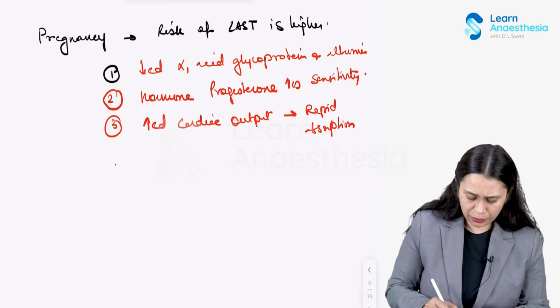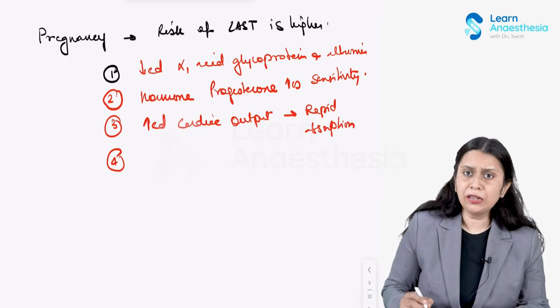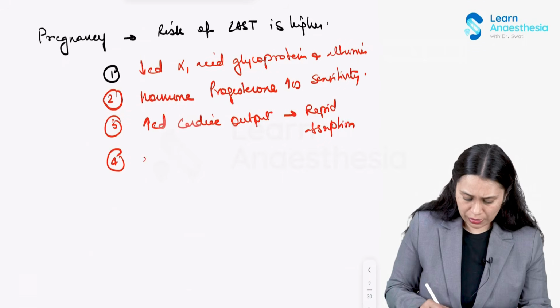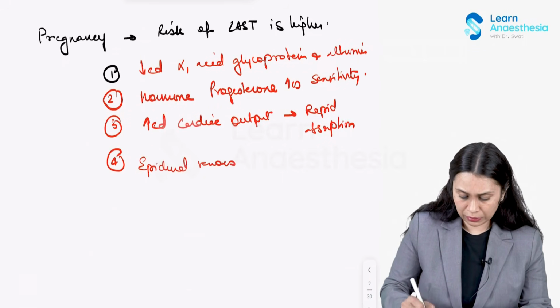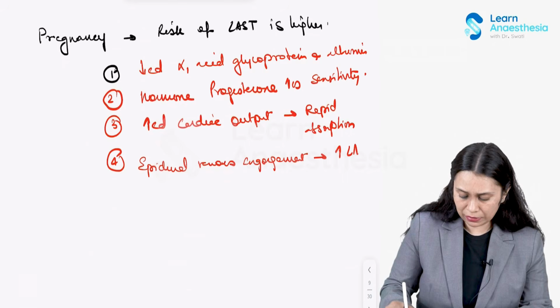And since in pregnancy we use the neuraxial route very commonly, the epidural venous plexus is engorged. So this will increase absorption of LA from this route.